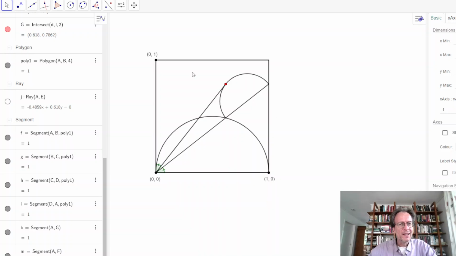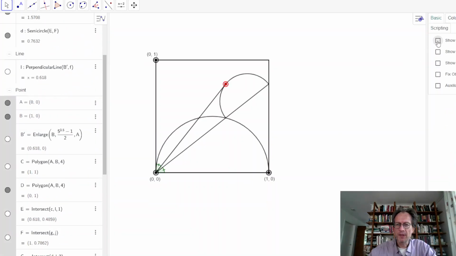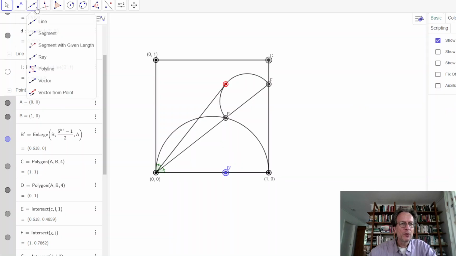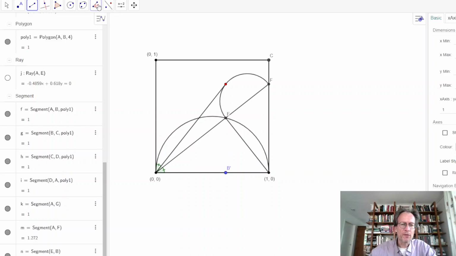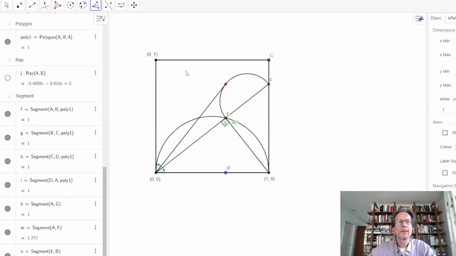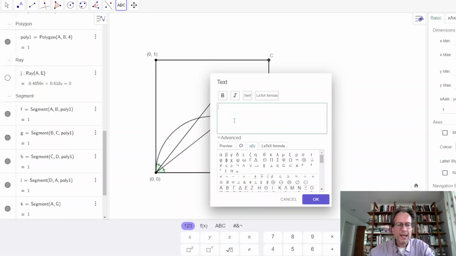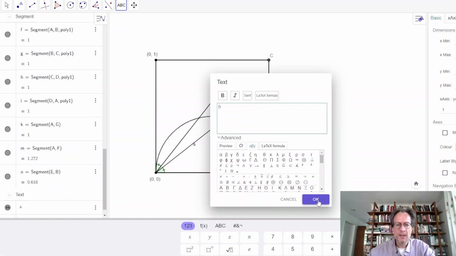It's quite a lengthy calculation, but I'm going to go through it step by step. First, the points. I'm going to draw this line segment. From the larger semicircle, we know that here we have a right angle. Suppose I name this length a, then the diameter we say has length b.